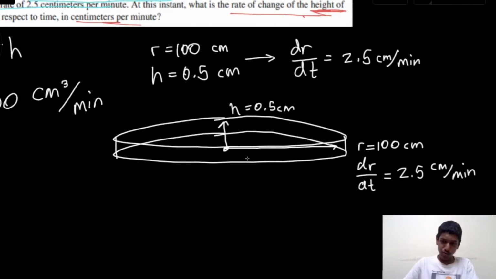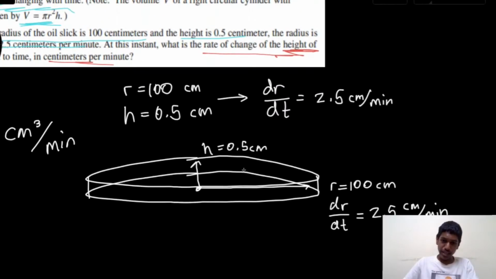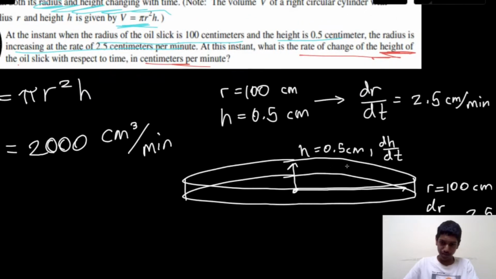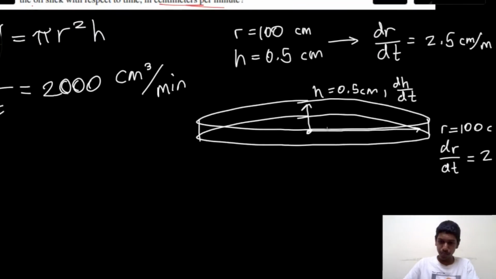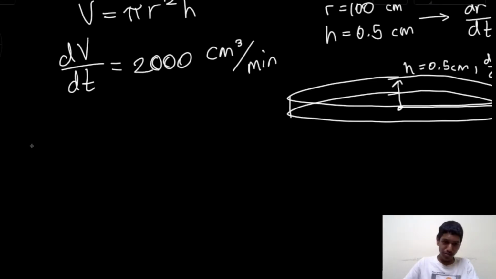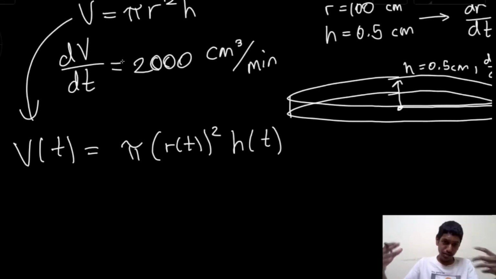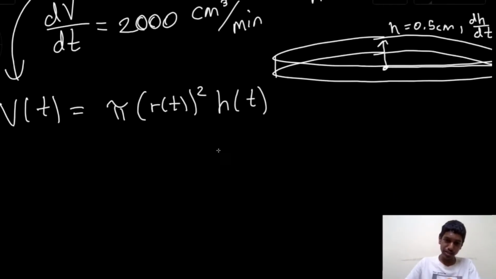Now that we know that h also has its own dh dt, which we just don't know yet, that's what we want to figure out actually. So we know that all of this is a function of t, right? Just to make this very clear before we do any calculus on it, we have just rewritten the formula to make it clear that there are dependencies on time.